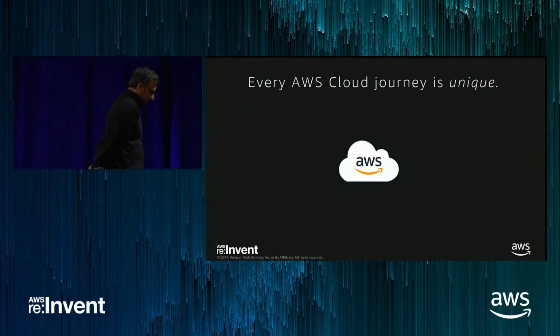One of the things we say in AWS all the time is there is no compression algorithm for experience. In 11 plus years of building the cloud, we've learned a lot. One of the things we've learned is that each of our customers goes through their own unique journey when they're moving to or adopting the cloud.